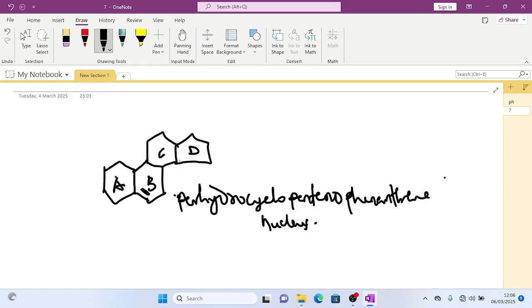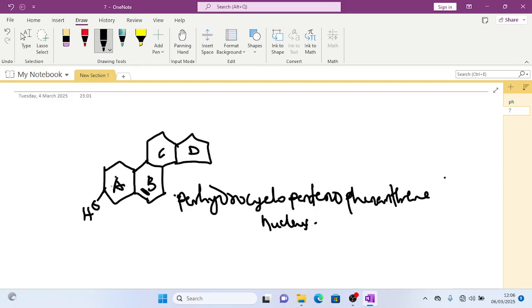There are certain special alkyl groups and other functional groups that make cholesterol stand out in its chemical characteristics. First is the presence of a hydroxyl group at this position.